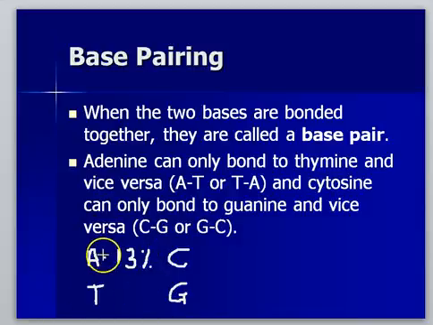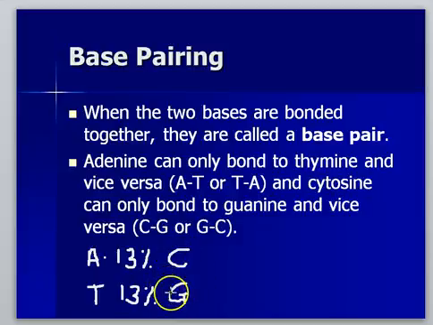Then what we should be able to figure out from that is, since A's and T's both pair with each other, that if there's 13% adenines, there also has to be 13% thymines. Okay?